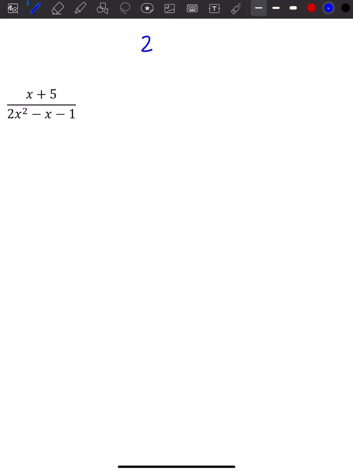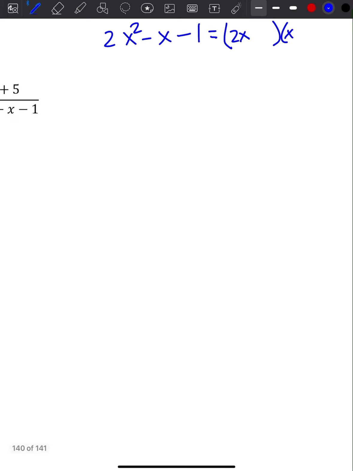So if I do 2x squared minus x minus 1, we need a 2x plus or minus something times x. We need it to multiply to -1, so I know I'm going to have a 1 and a 1. Now I just need to think about where my positive is and where my negative is.